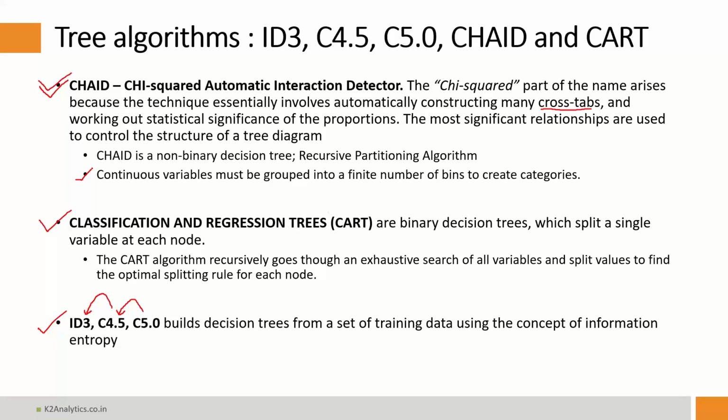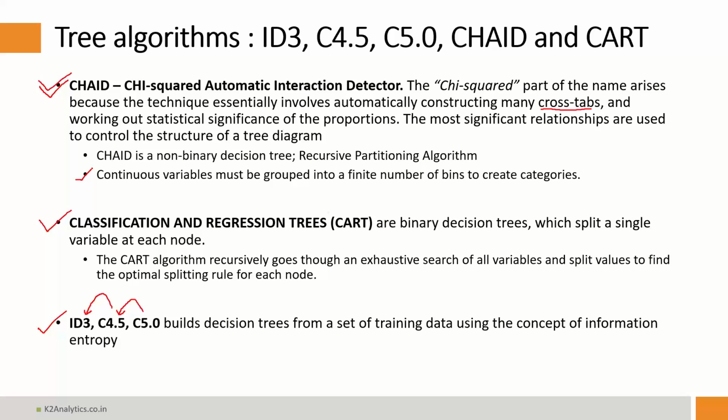There are certain mathematical formulas which the classification and regression tree, that is the CART technique, uses, and that algorithm makes use of Gini gain. How much impurity is reduced? Gini is impurity. Gini gain is the reduction in impurity.